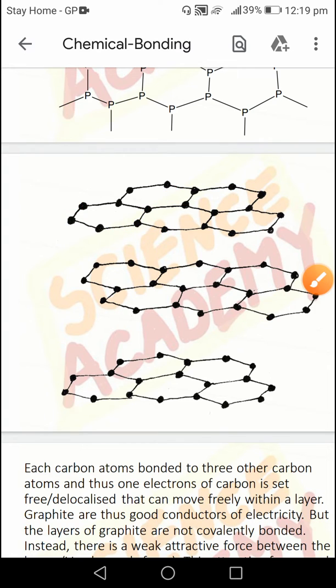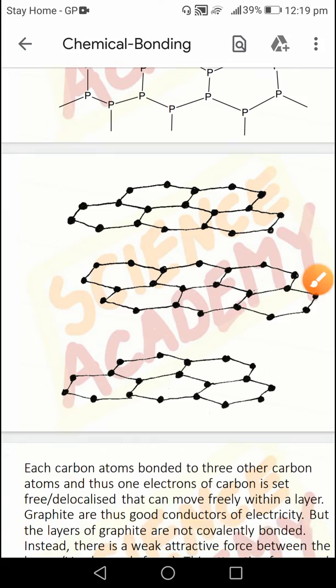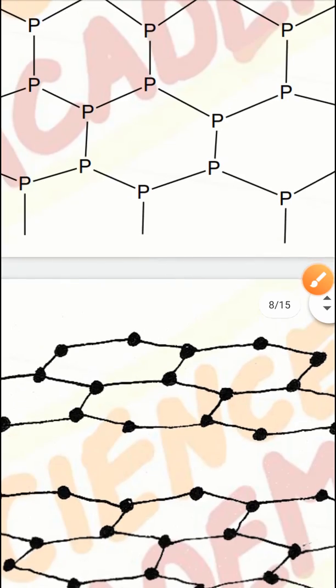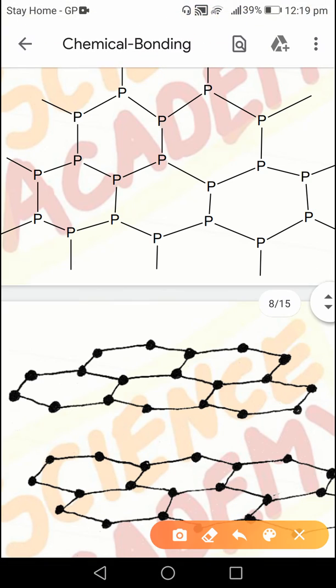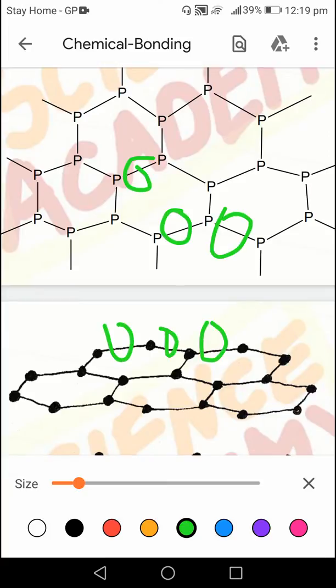But graphite has a very high melting point. This is because the covalent bonds present here are really very strong.